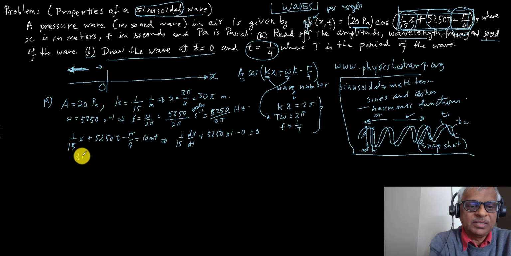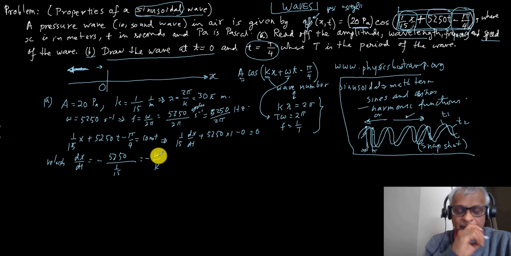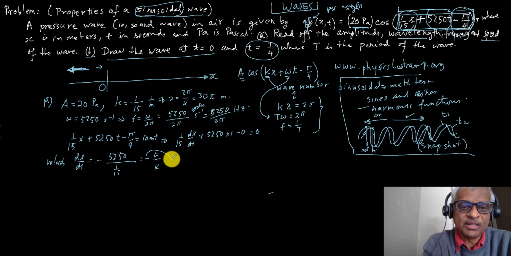So dx/dt, which is velocity, turns out to be minus 5250 over 1 over 15, equals minus omega over k. And minus means going to the left.